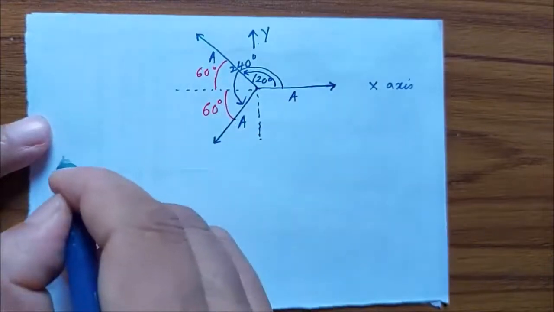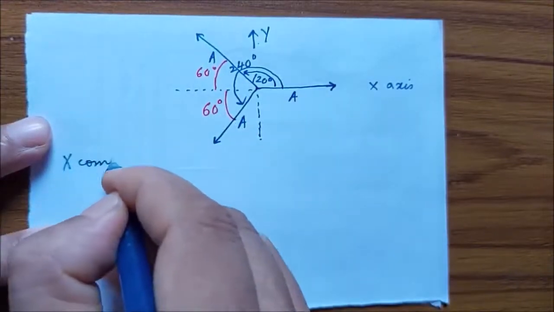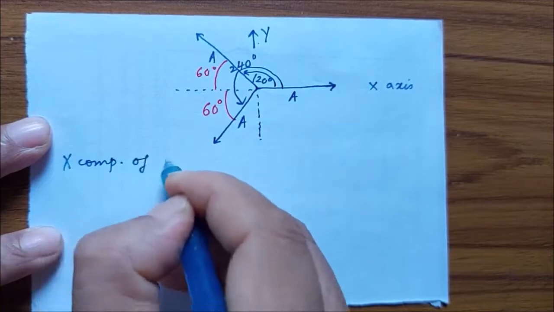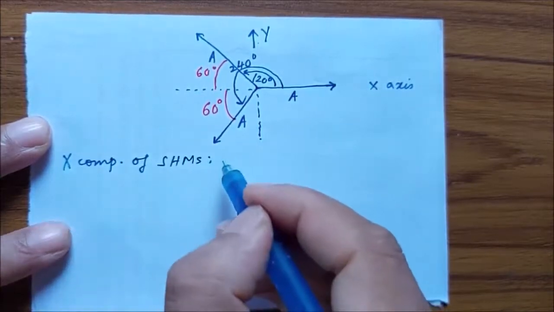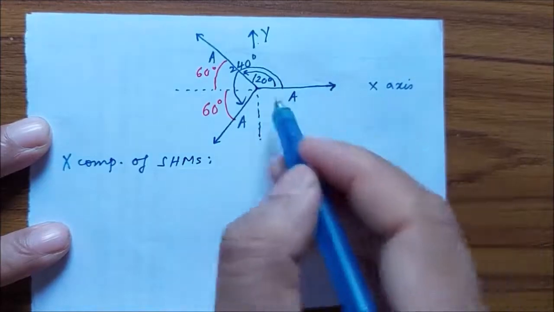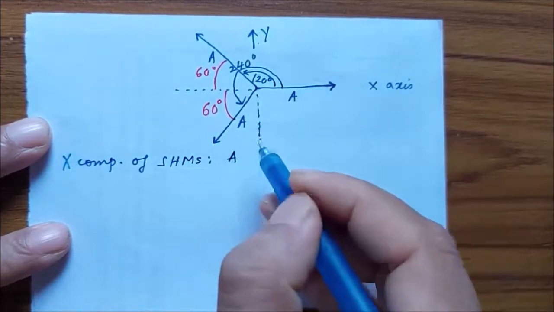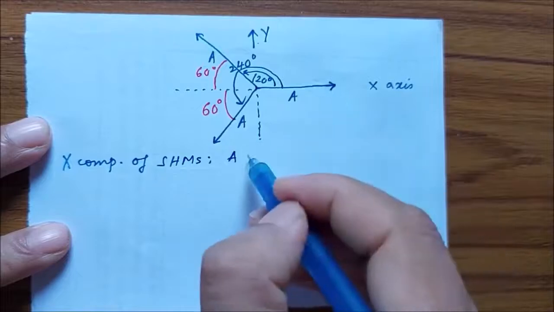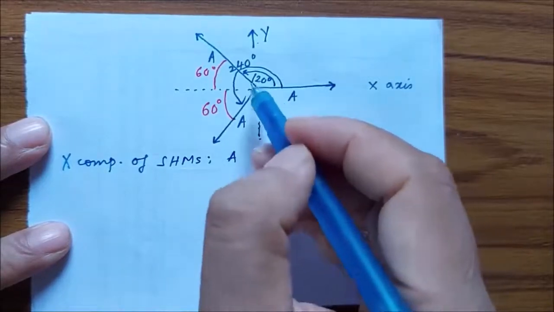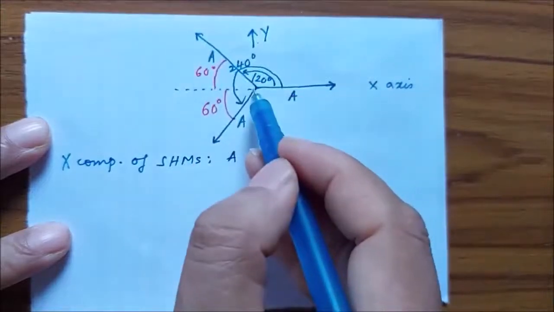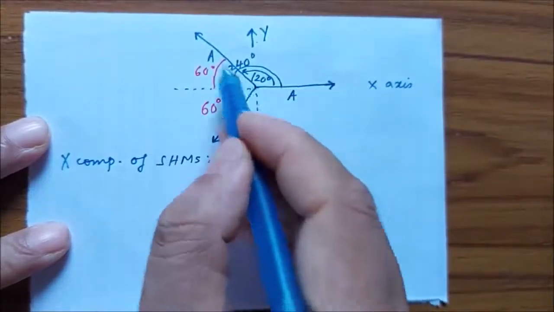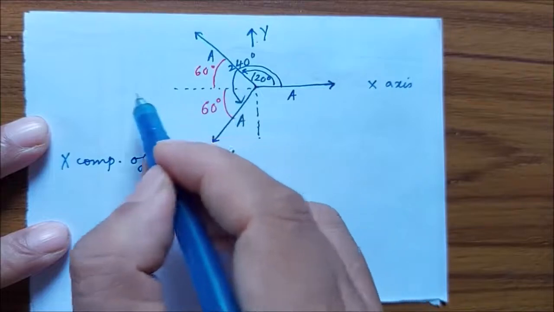And now let us resolve x component of SHMs. Component along x-axis for the first SHM is a, because it is fully along x-axis. Now come to the second one. Its component will be along minus x. So it is a cos 60, but along minus x.